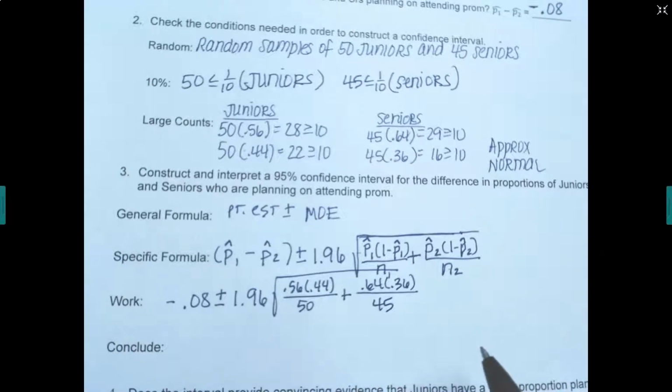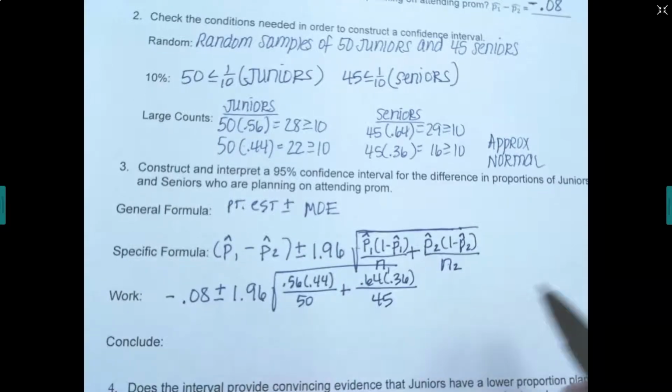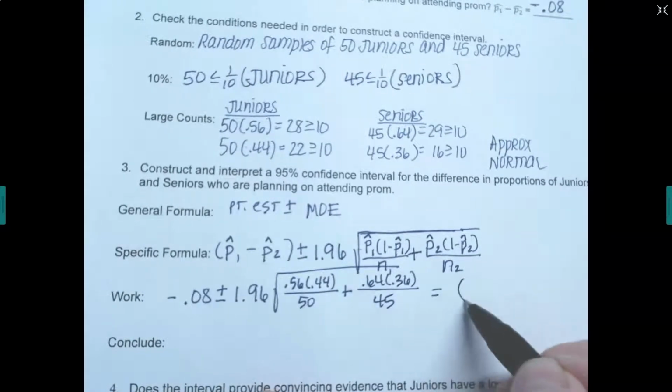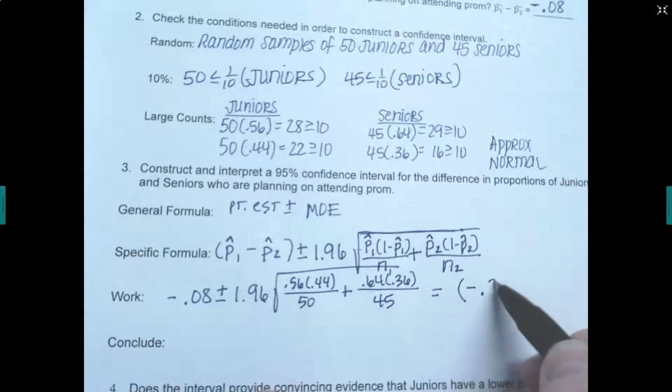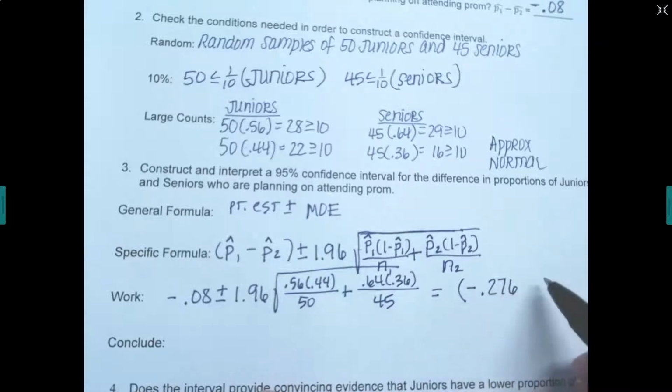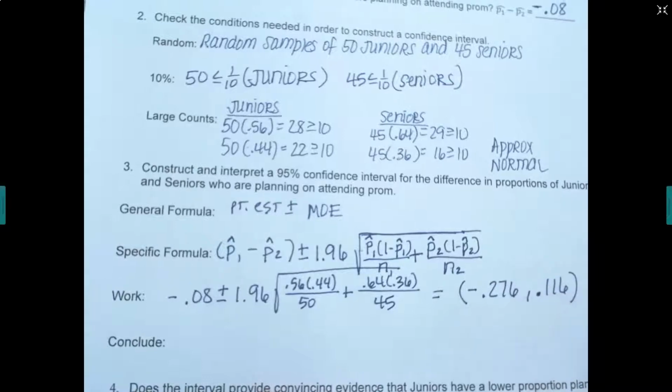You have to show this setup. No naked numbers. And that gives me an interval, when I calculate this all out, of negative 0.276 to positive 0.116.